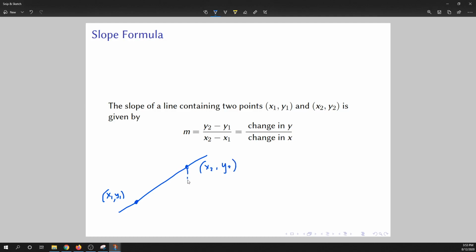I can make this little triangle like so. All right, so there's the little triangle. And now the length of this side of the triangle is going to be this y coordinate minus this one. So it's going to be y2 minus y1. And for this side of the triangle, that's going to be this number, x2 minus x1.